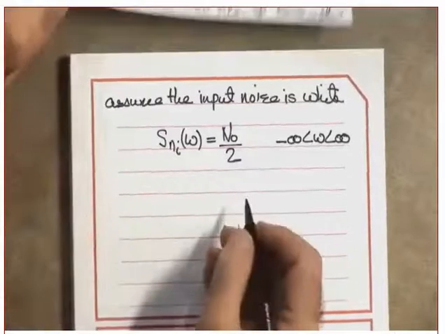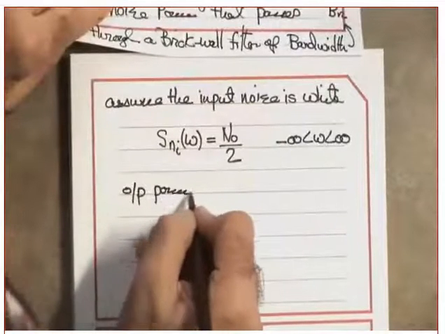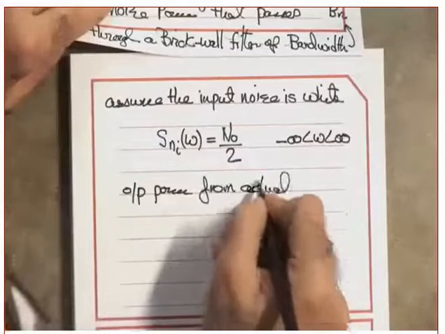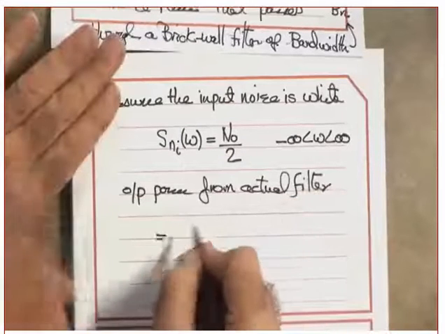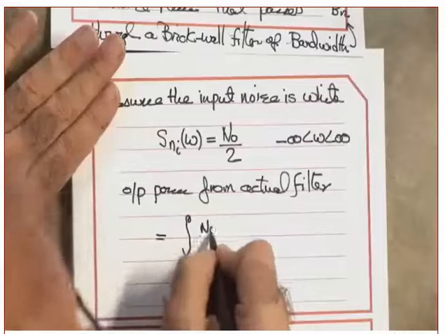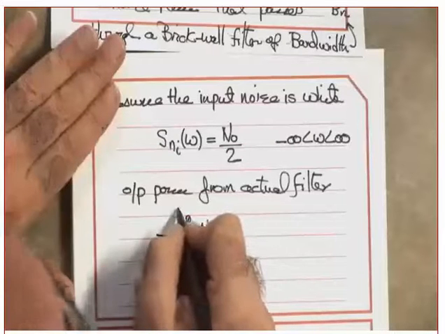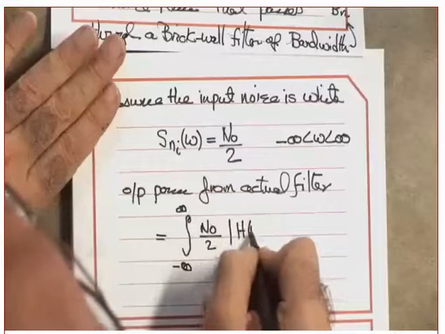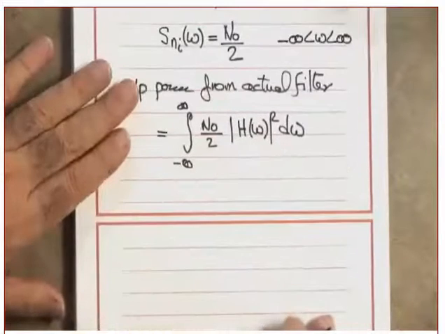Okay, what is the output power from the actual filter? I'm still waiting. What is it? Integral, N0/2 from where to where? Times what? Agree?